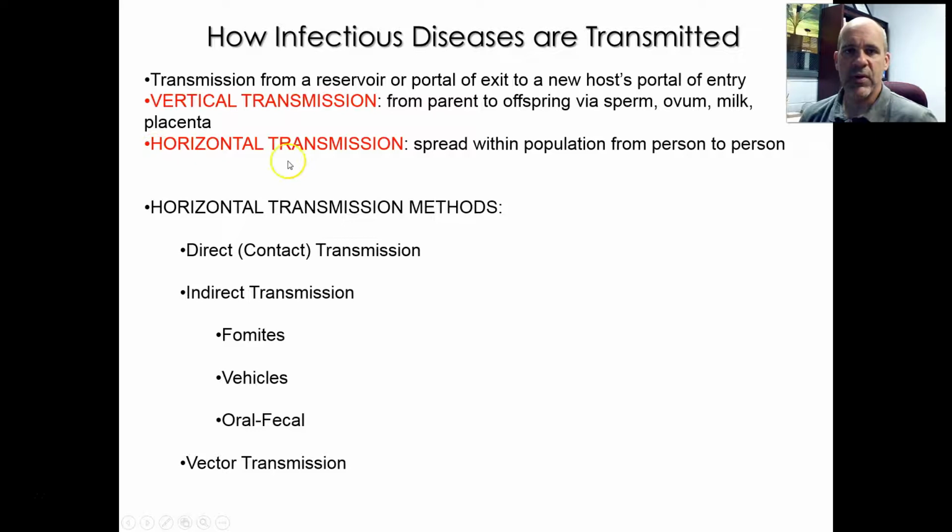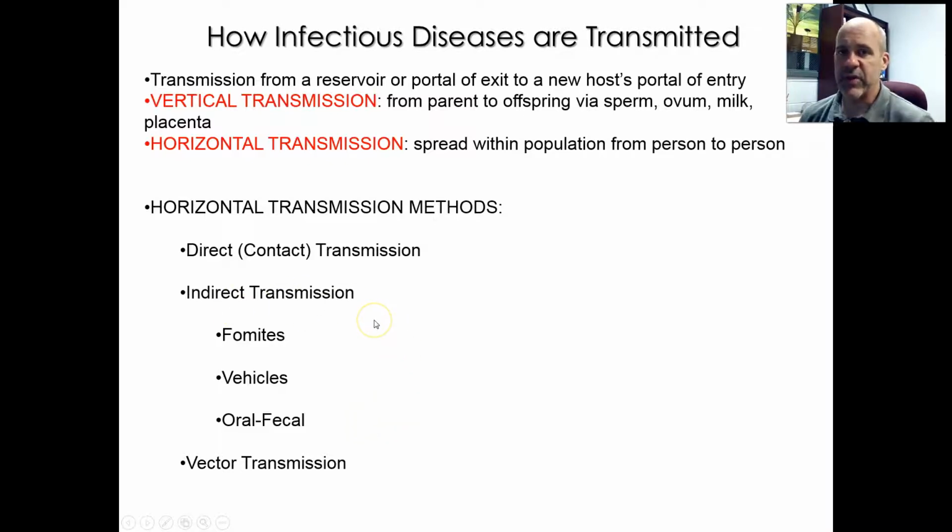But what we're mainly focused on in this section of the chapter is horizontal transmission. So this is spread from person to person within a population. And as we'll see, horizontal transmission can be divided up into three major categories. We have direct or contact transmission. Then we have indirect transmission, of which there's more than one version.